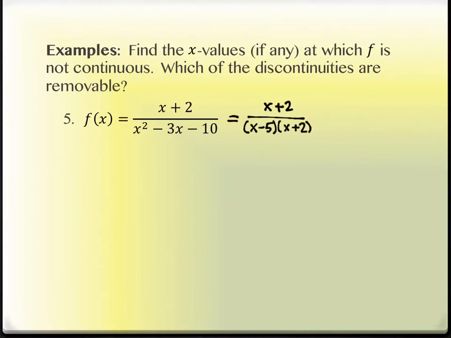Is everybody good with that? Awesome. Now you see something canceling out, right? And we'll do that in a minute. But the first question is simply, what values for x make it discontinuous? Or equivalently, what values for x make the denominator 0? So it is not continuous where?